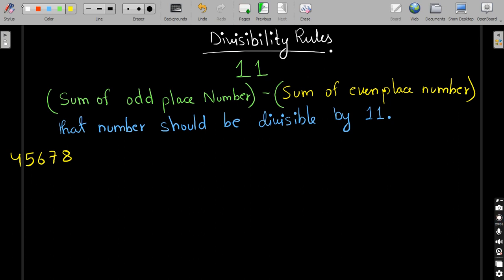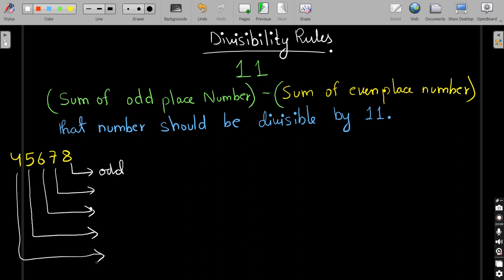In this number also, what is step 1? I will allocate the positions. First position I will allocate as odd, second even, third odd, again even, again odd.